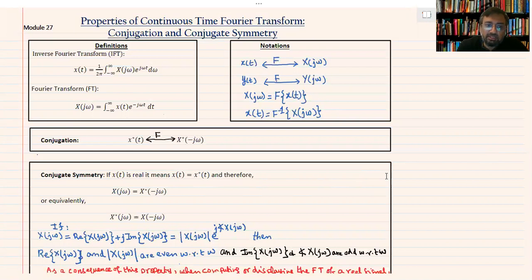What we mean by conjugate symmetry in this context is, if the Fourier transform X(j omega) is a complex function with respect to omega, then we can write it into its real and imaginary part, or into its magnitude and phase form, and then we can very easily verify that the real part of the Fourier transform and the magnitude of the Fourier transform are even functions with respect to omega, while the imaginary part of the Fourier transform and the phase of the Fourier transform are odd functions with respect to omega.